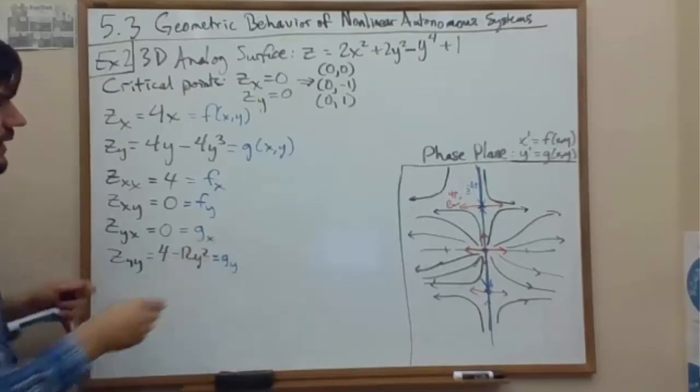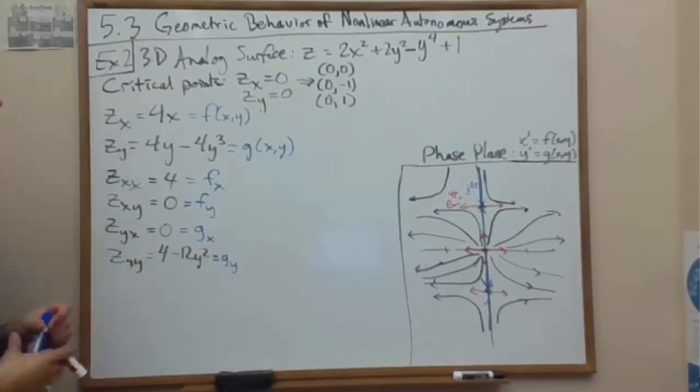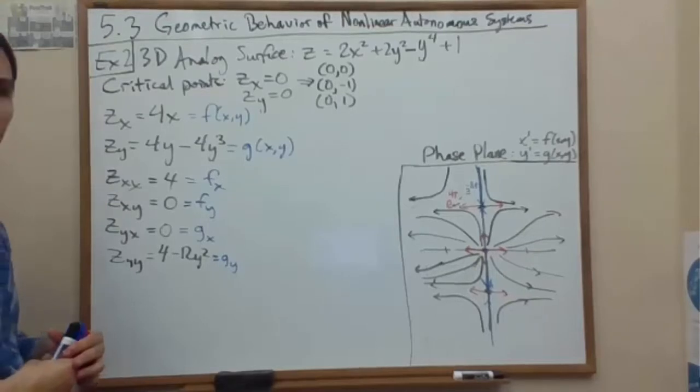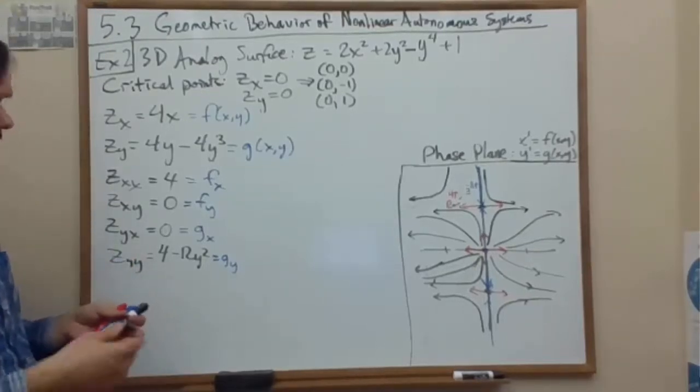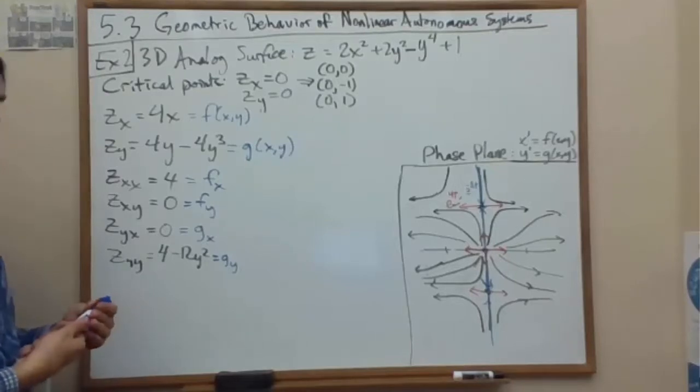That will be our g sub y. Then to test these critical points, we form what in calculus is called the discriminant. D is also a determinant.